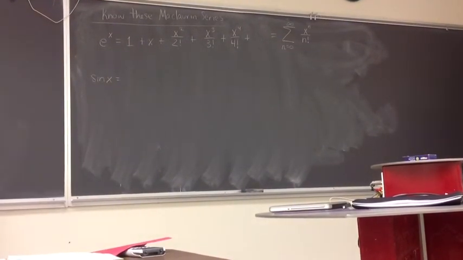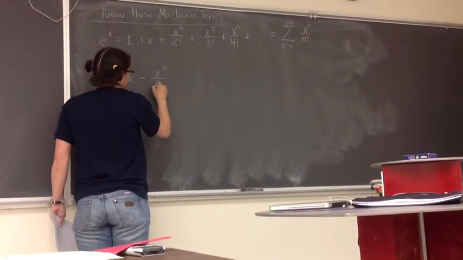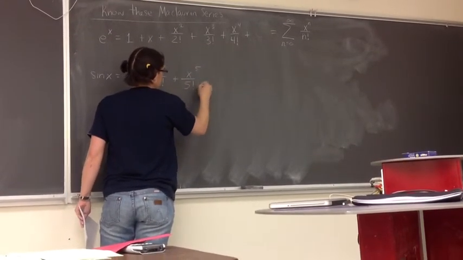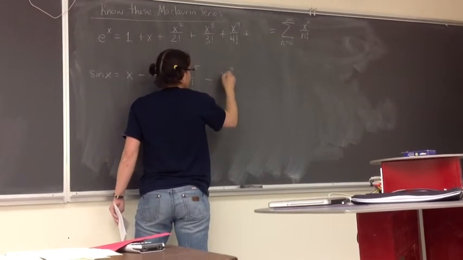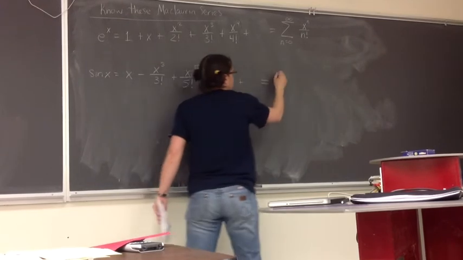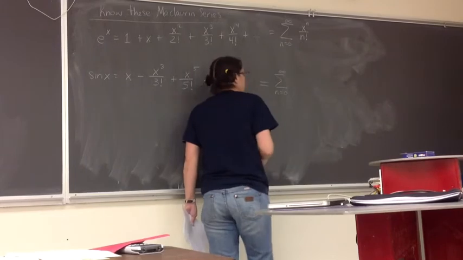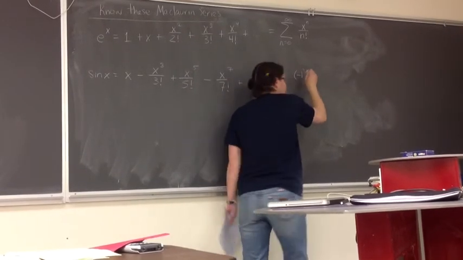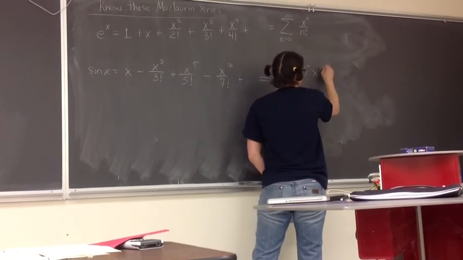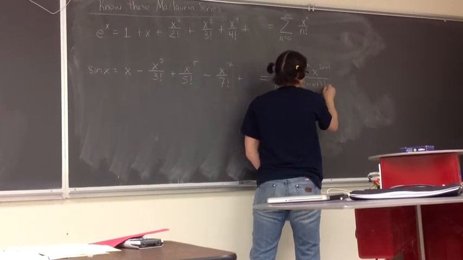Also know that sine of x is equal to x minus x to the third over 3 factorial plus x to the fifth over 5 factorial minus x to the seventh over 7 factorial plus dot dot dot. And if you prefer the summation notation, that's the sum where n goes from 0 up to infinity of negative 1 to the n, don't forget that, that's uber important, times x to the 2n plus 1 divided by 2n plus 1 factorial.